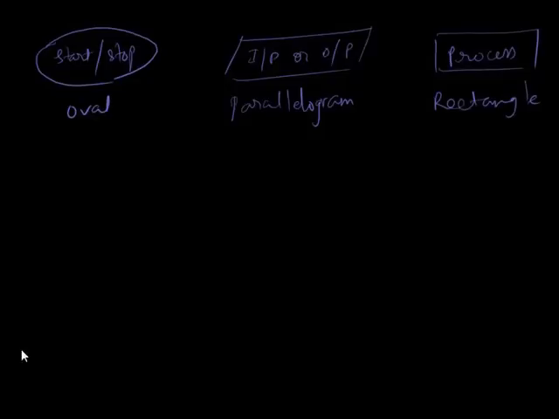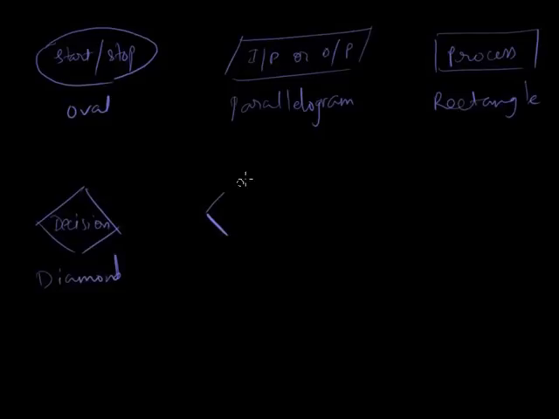Another symbol involved is a diamond. We used the diamond in the previous flowchart. A diamond is used to check decisions. Another graphic involved is a hexagon for loops.